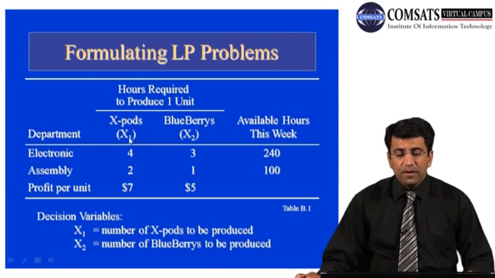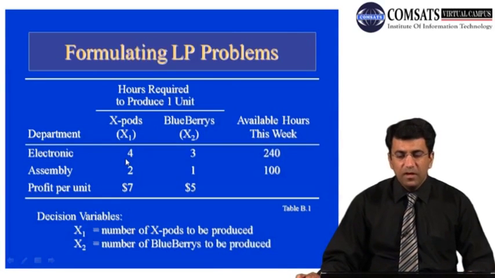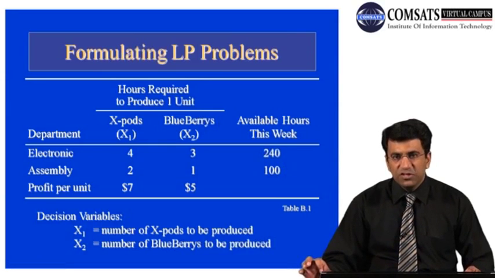So if we produce x1 products, then our total electronic work for this product x1 will be 4x1, okay. And if we produce x2 units, then that will take 3 hours per unit, and what will be the total electronic hours, that will be 3x2. So our total constraint for electronics will be 4x1 plus 3x2 less than or equal to 240. Why less than or equal to? Because we'll have to keep this electronic limitation within the limits of that 240.